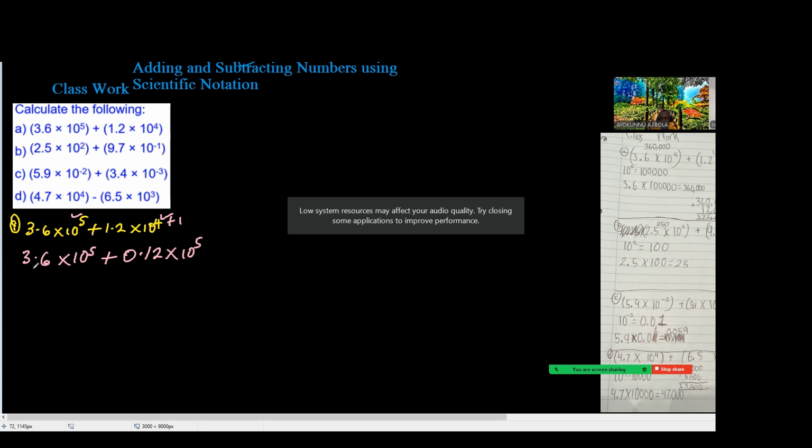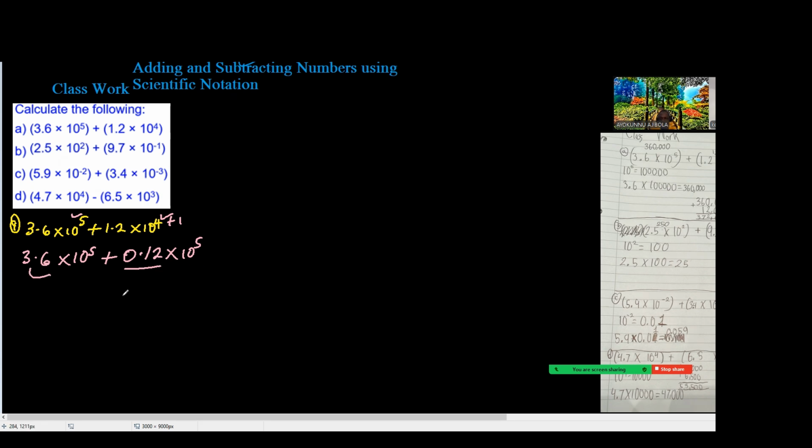So this is what I'm adding together, 3.6 plus 0.12. I put a 0 here, so this is 2, this is 7, then this is 3. So the final answer is going to be 3.72 times 10 raised to power 5, since they now have 10 raised to power 5.